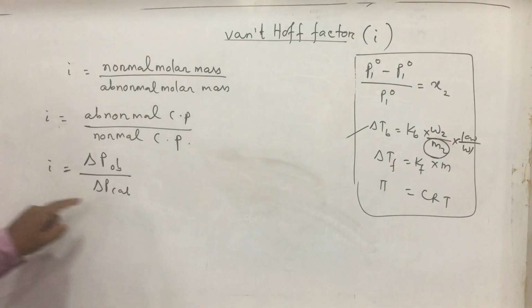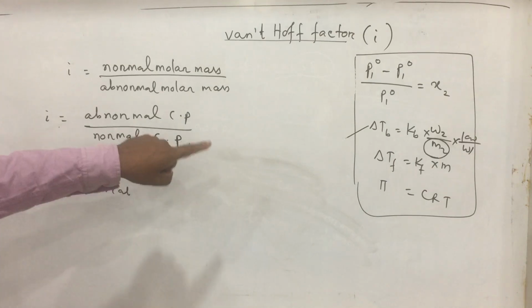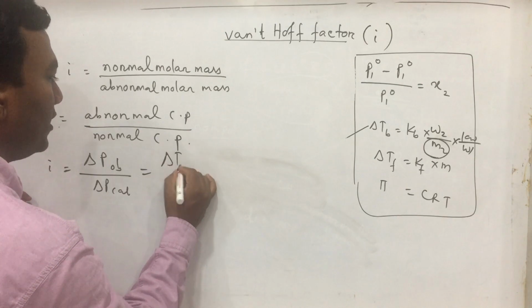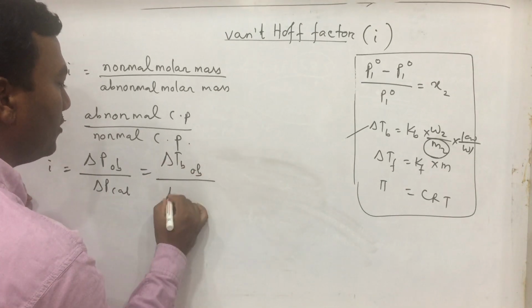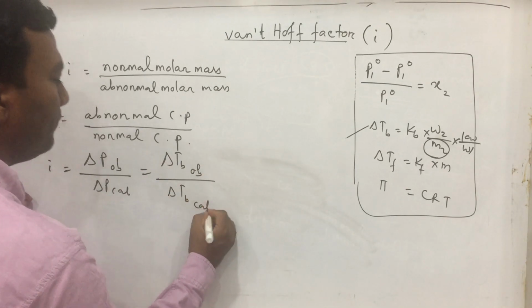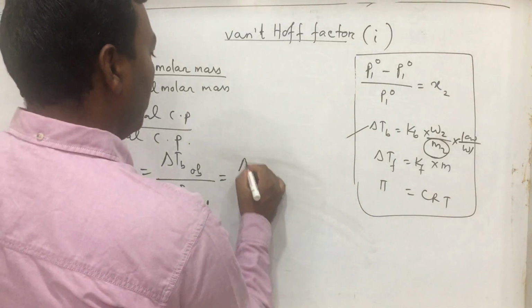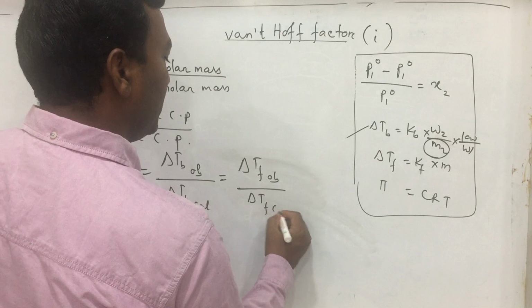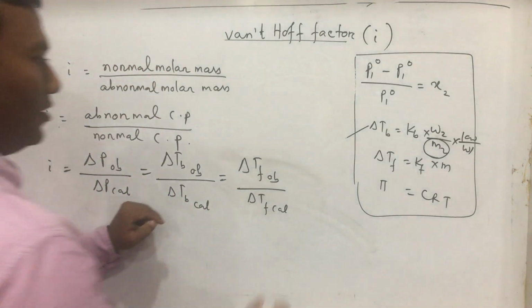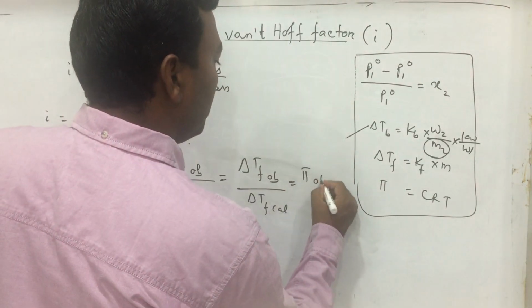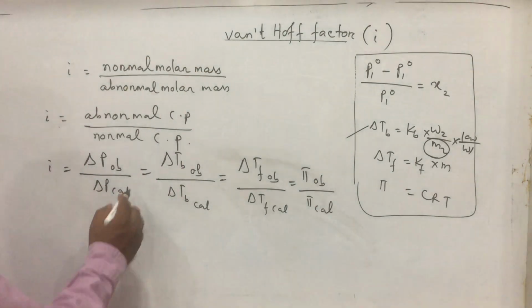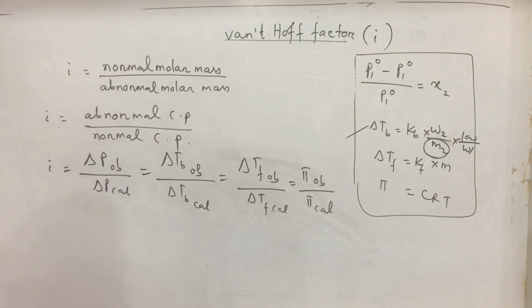Observed is abnormal, calculated from the formula is normal. Similarly, delta TB observed by delta TB calculated, or delta TF observed by delta TF calculated, or pi observed by pi calculated. These are all the formulas of Van 't Hoff factor.